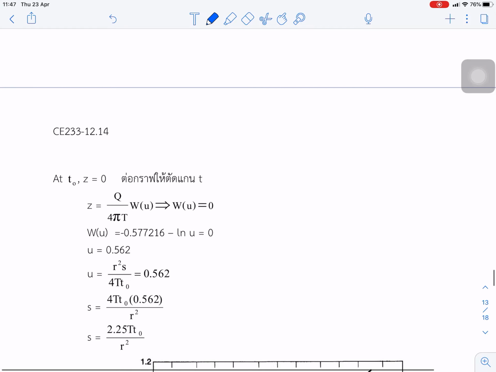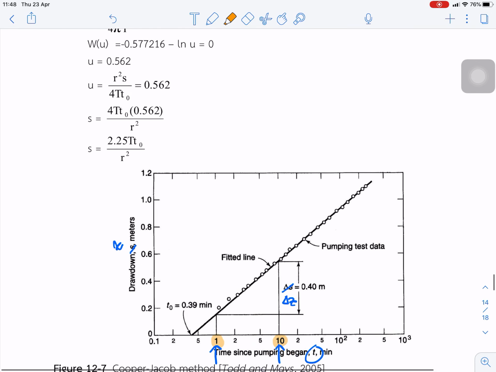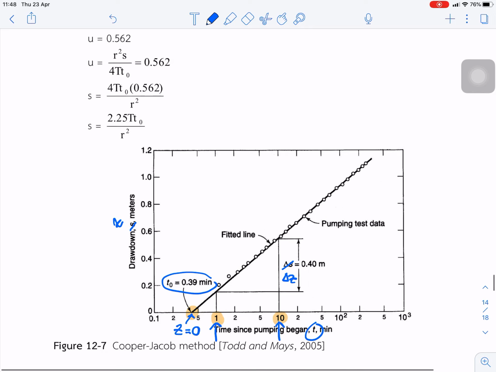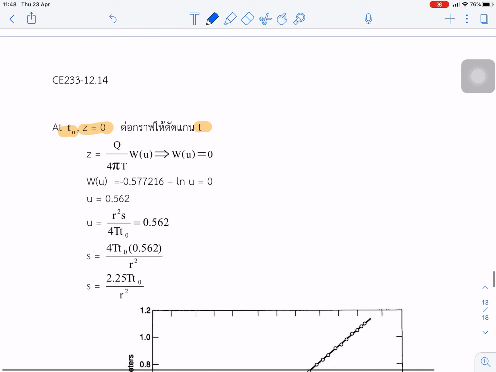And next, for t naught, at t naught the drawdown is 0. When the drawdown is 0, it means we can draw the curve to cut the axis. For example, this one, we draw the curve to cut the axis at this point, so we can estimate the t naught. At this point the drawdown is 0, so the well function is 0.